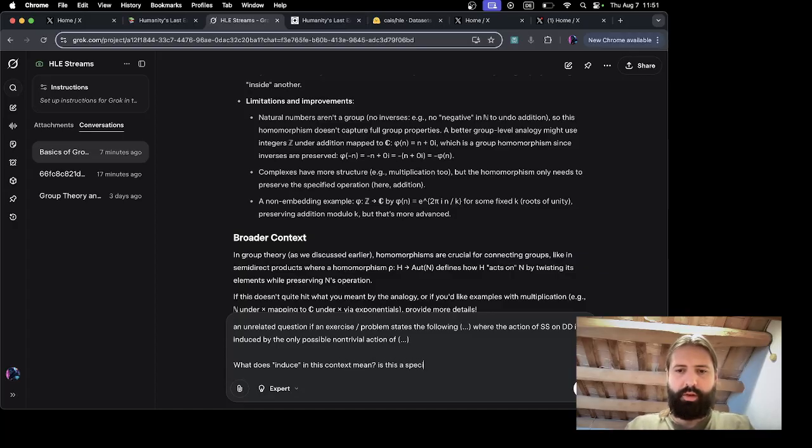Is this a specific concept in group theory?